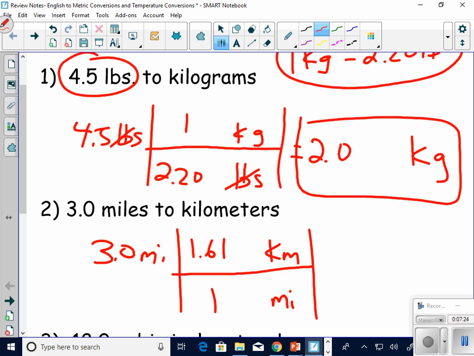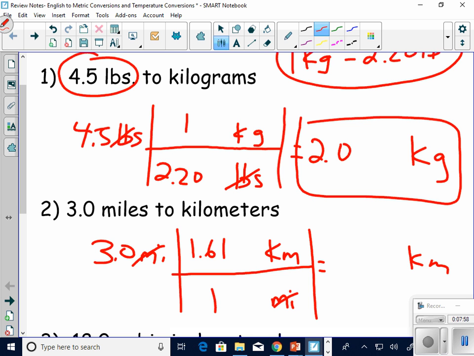And once again, if you can't find the conversion factor, Google it. It'll be there. My miles cancel. So what is my label going to be? Kilometers. When I do my math, I take 3.0, multiply it by 1.61, and how many sig figs do I need?